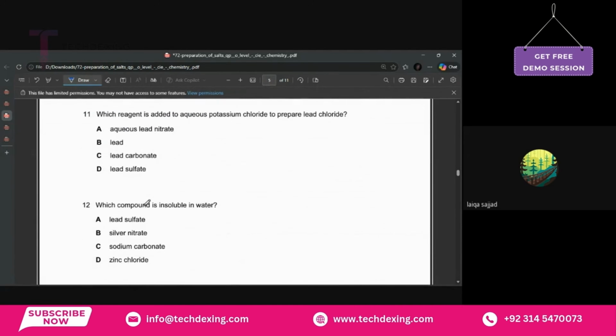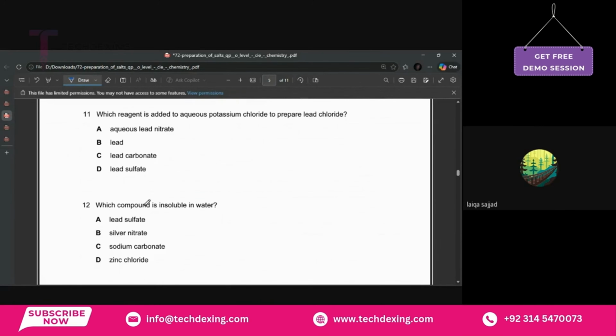Which reagent is added to aqueous potassium chloride to prepare lead chloride? Aqueous lead nitrate.